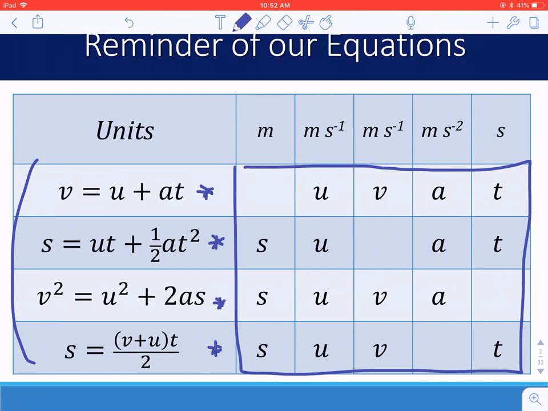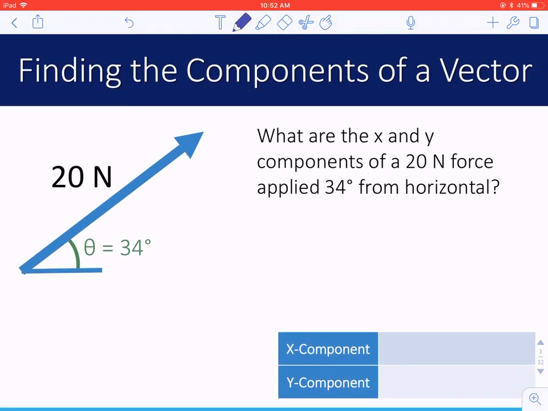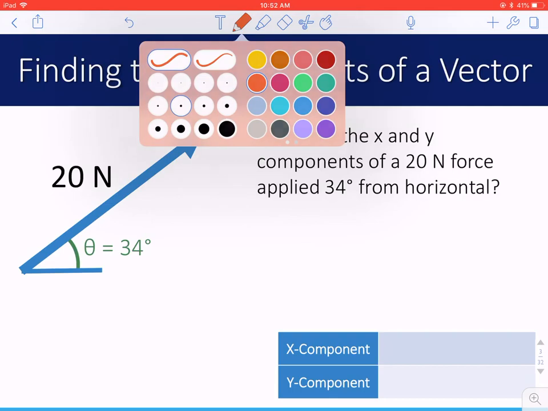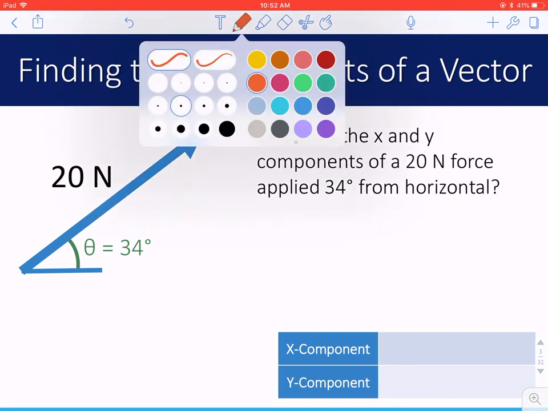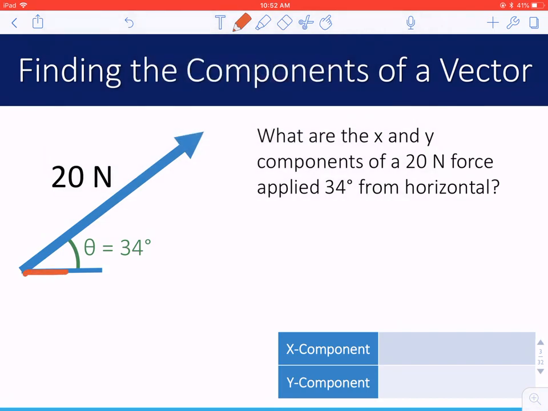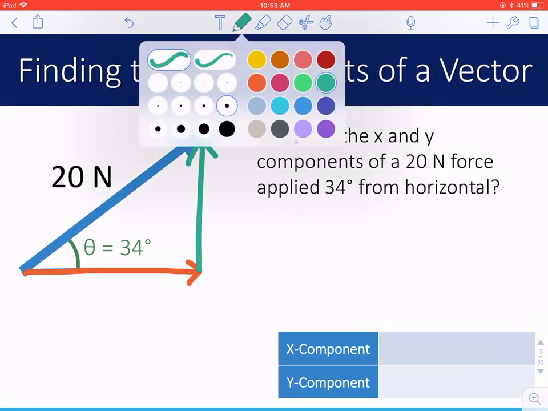Before we talk about the motion part of this unit, I want to review this idea of finding components of a vector. Remember, most of the time we are given a vector that is not at one horizontal or vertical set. So we can break this down into components where we have a horizontal and a vertical component to this vector. Our data booklet gives us an equation for it, or you can just remember how triangles work.